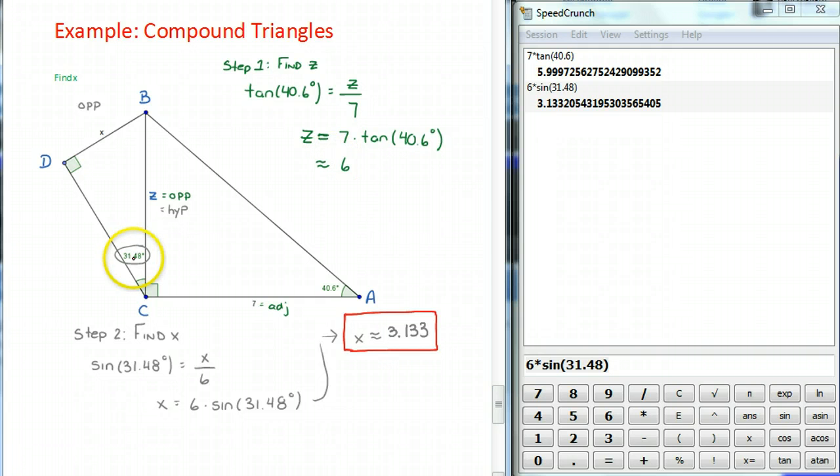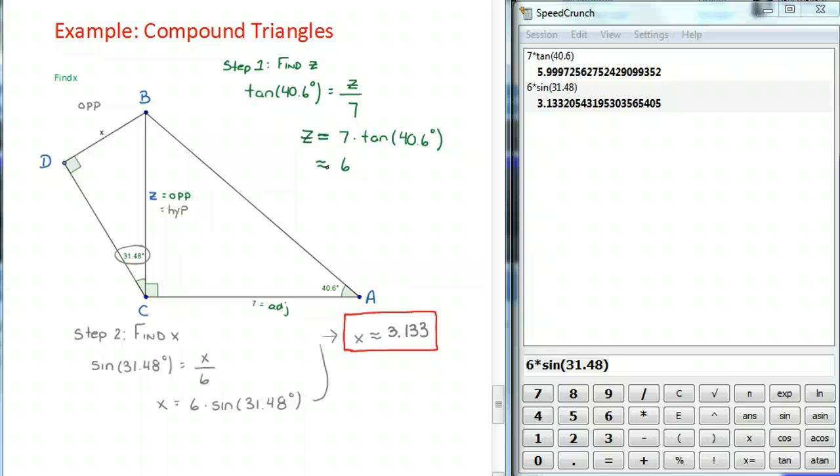I see that this angle is 31.48, so the angle CBD is going to be larger than that. Oh wait, let's go back here, sorry. D is a right angle, so Z is the hypotenuse, so my answer for x has to be less than my hypotenuse. Yep, that's good. So my answer makes sense as far as the values on here.